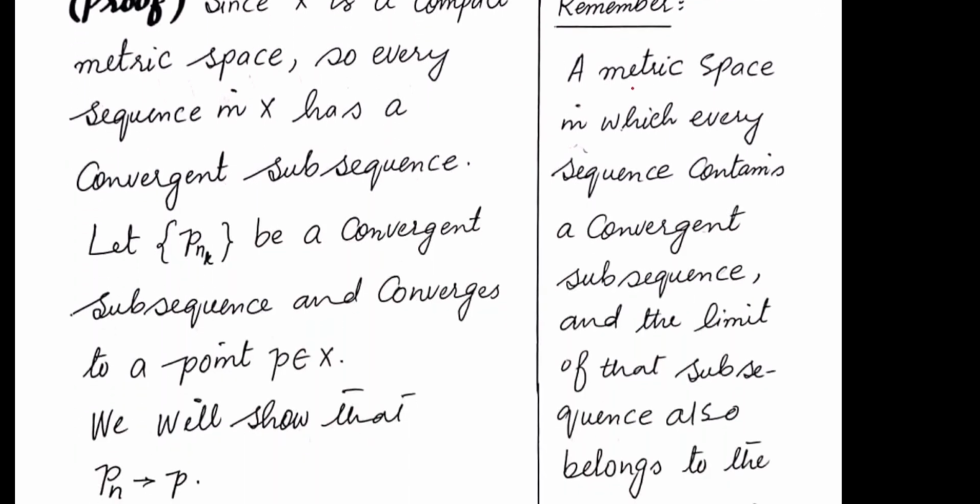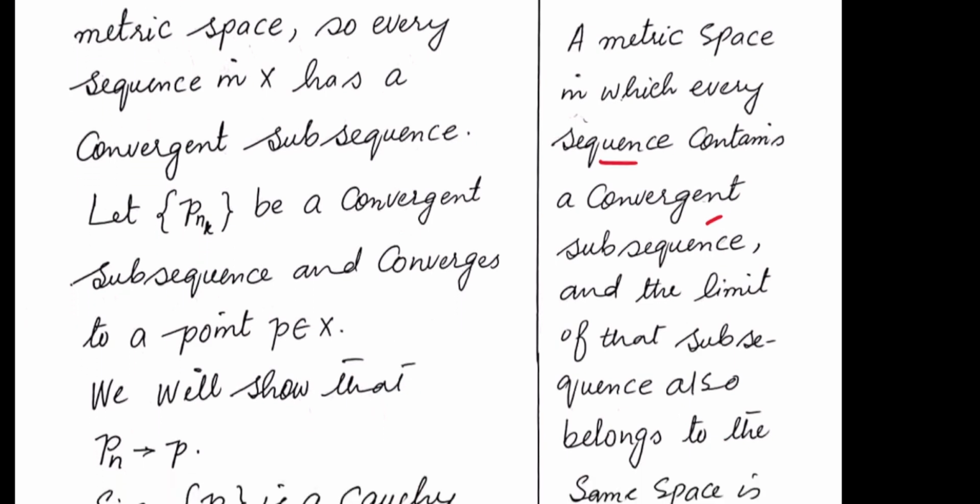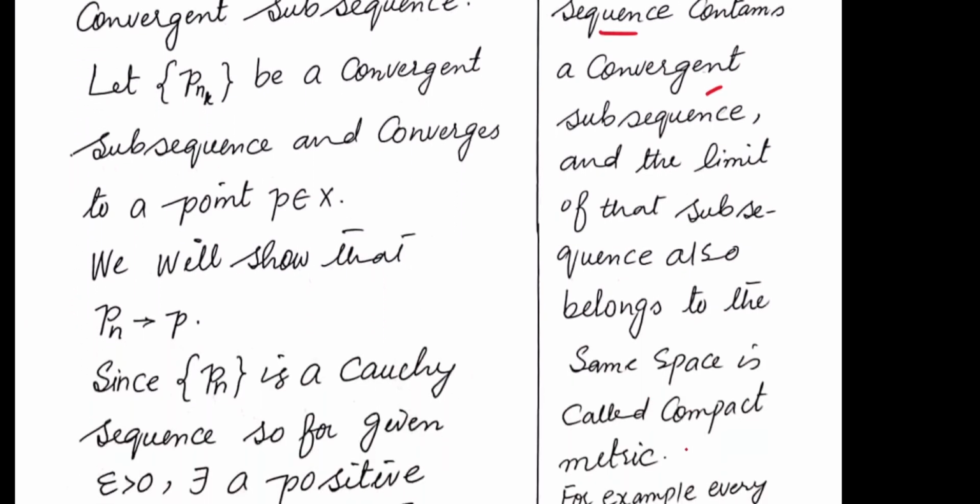I have written: a metric space in which every sequence contains a convergent subsequence, and the limit of that subsequence also belongs to the same space, is called a compact metric space.